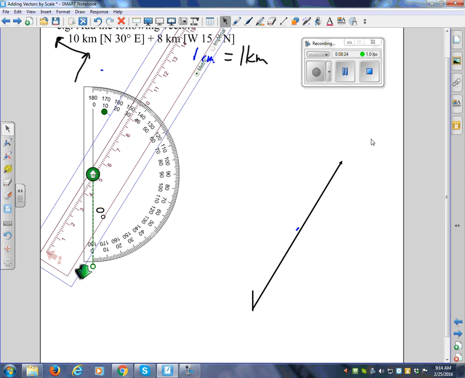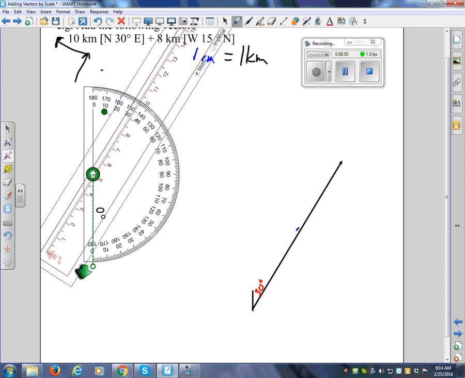And where's the 30 degrees? That angle there is 30 degrees, right? Everybody good?